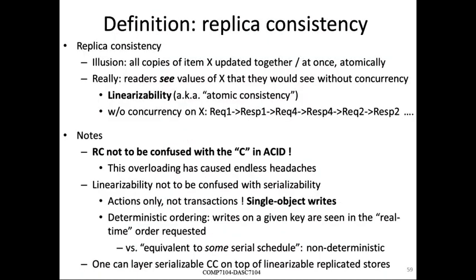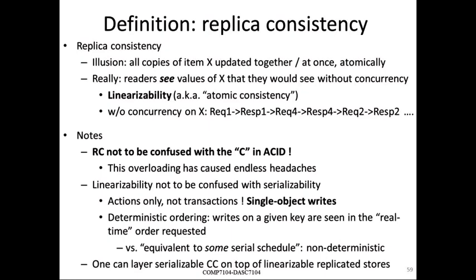With regards to that, we need a formal definition of replica consistency, and this is what we'll discuss next. We'll talk about replica consistency with respect to updates, writes, and reads on single objects, on simple objects, let's say, on records in a database.